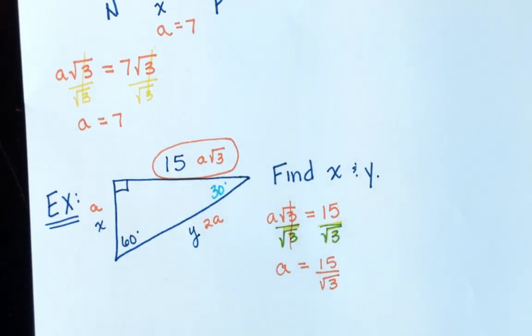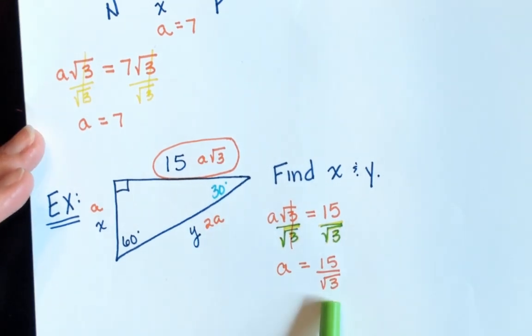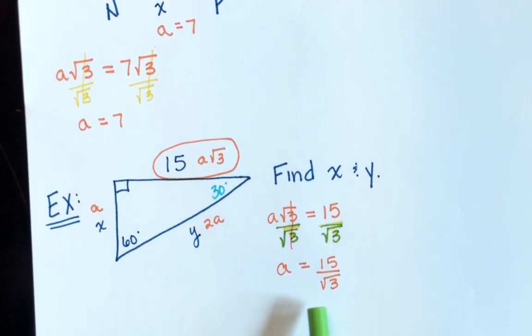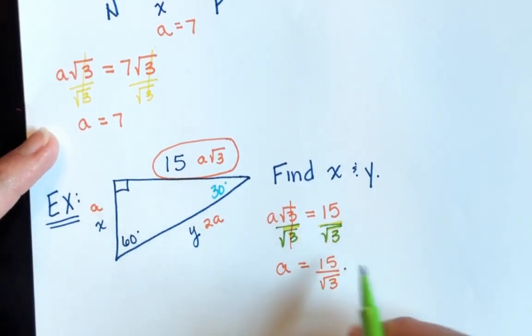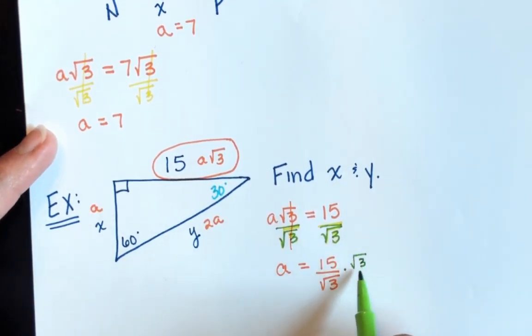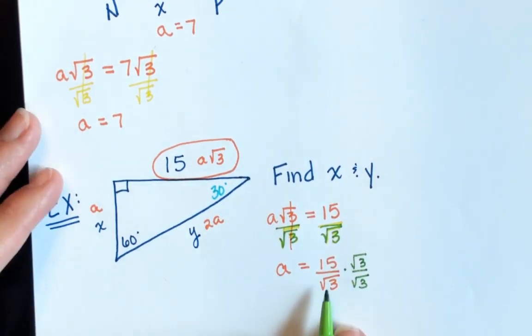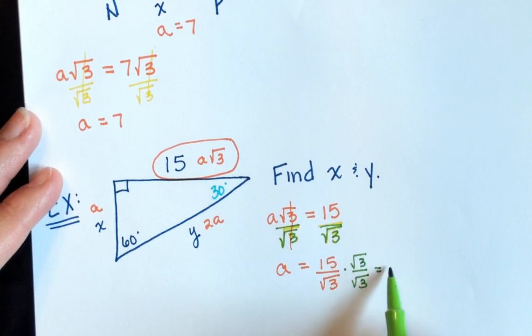Again, the nice part about our special rights is the numbers that show up in the denominator, they're prime numbers. So there is no what works best. The only thing that's going to be best is by multiplying by itself. So when we rationalize, we now have 3 times 3 would give us that perfect square in the denominator.